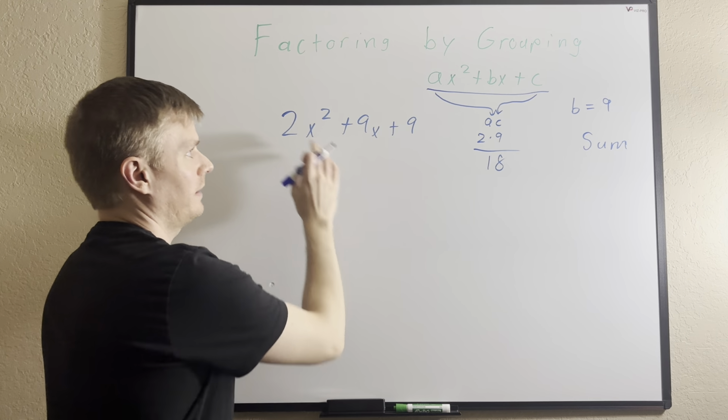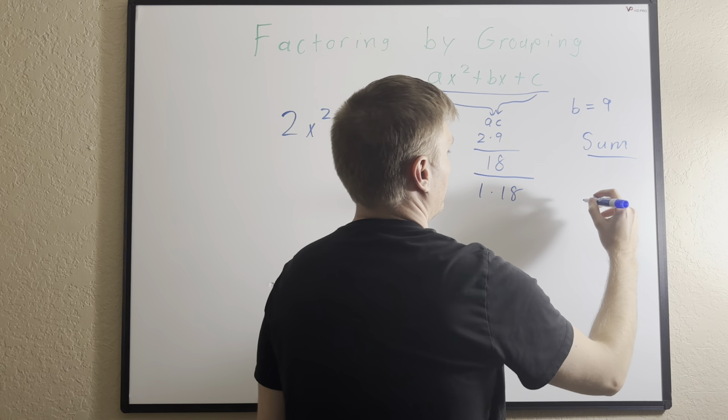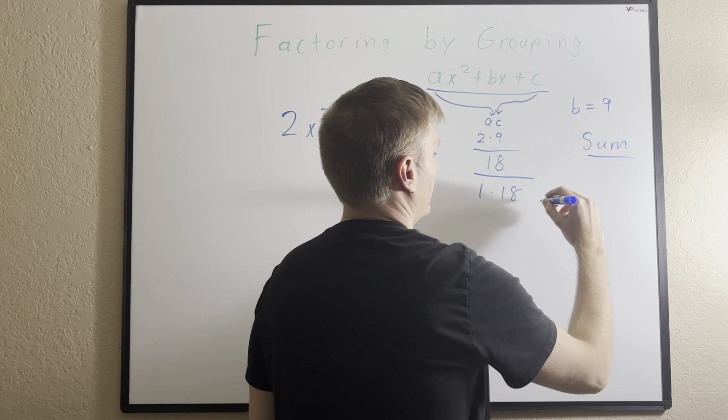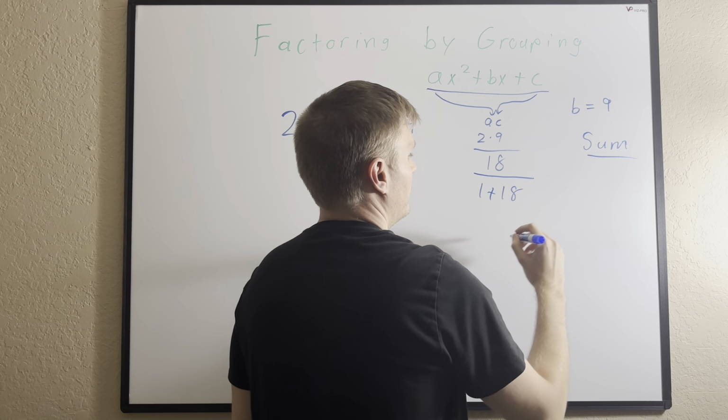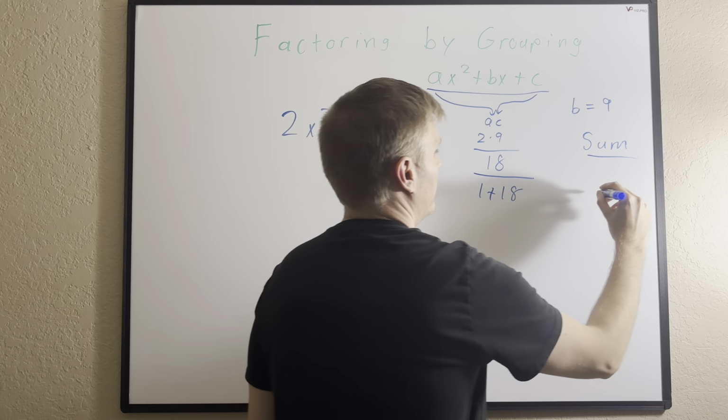Anyways, factors of 18. Well, 1 and 18, that's one thing. But that adds up to be 19. That's not 9, so I need to keep going. 2 and 9. 2 plus 9 is 11.